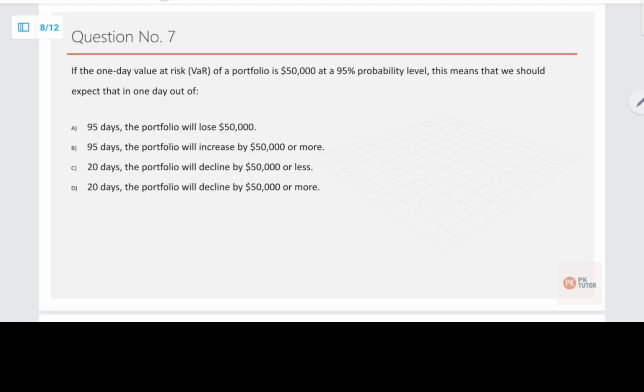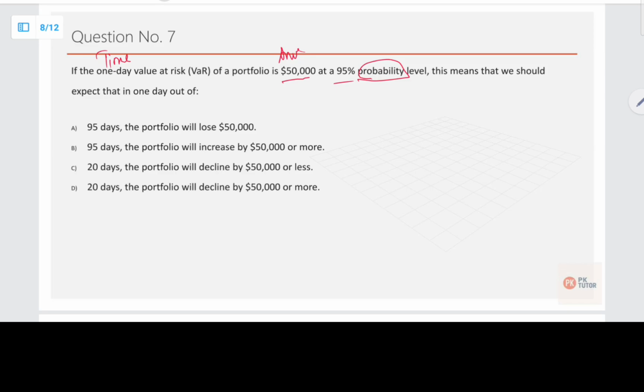Okay, now question number 7. Again, there is an interpretation. What is the meaning of this? So this is time, 1 day, amount, and the probability. So it is saying that the 1 day VaR, the value at risk of a portfolio, is $50,000 at 95%.